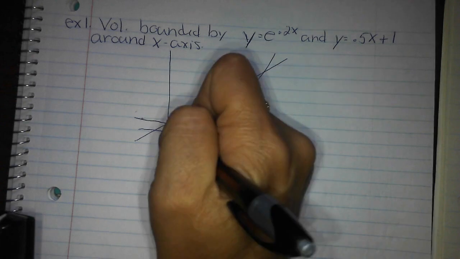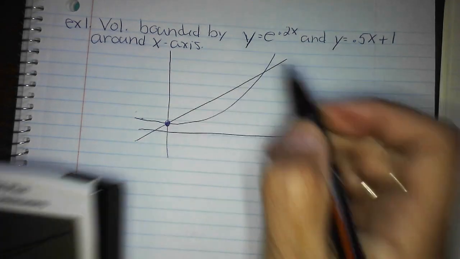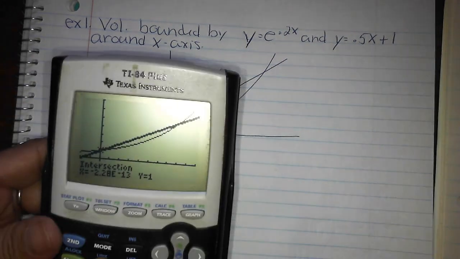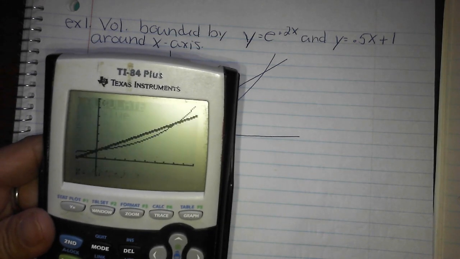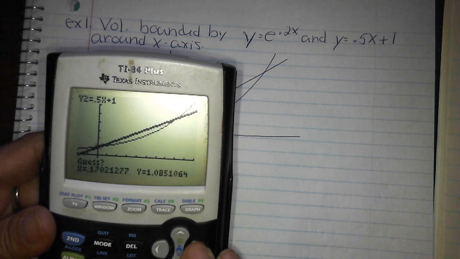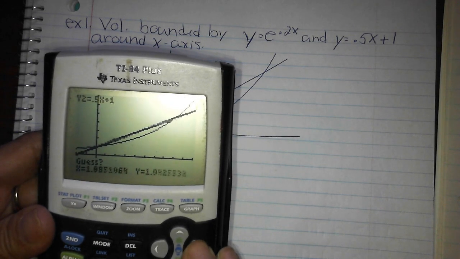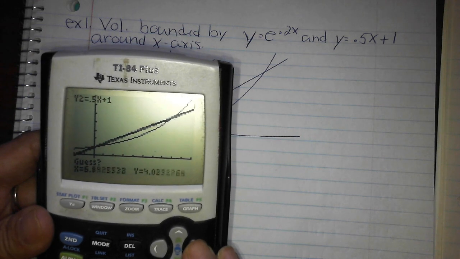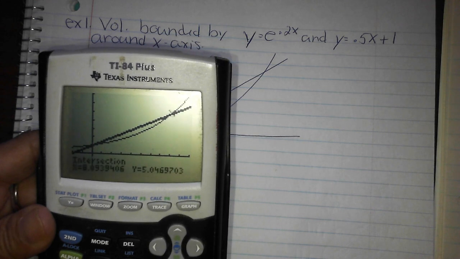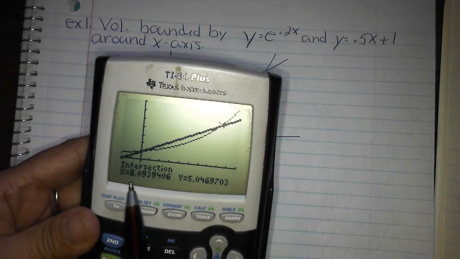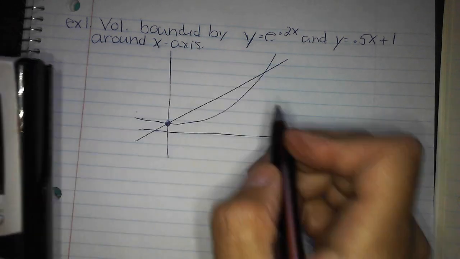So this one is crossing at an x value of 0. Now I've got to find this intersection. Do the same thing. Second calc, intersect, and then slide down here. Okay, 8.09 for the x value.